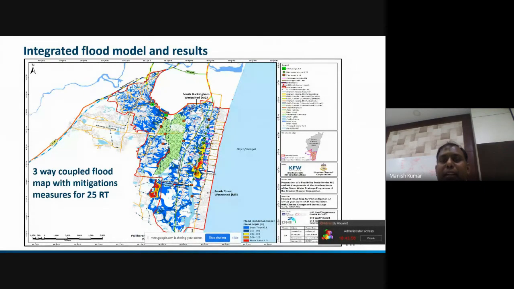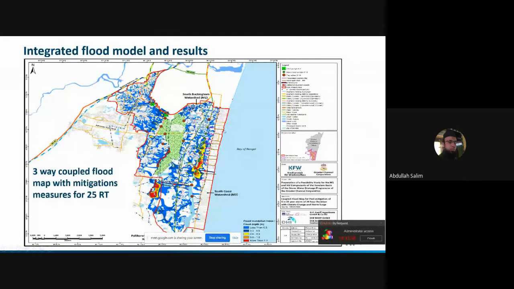On that mesh file we have incorporated a 1D model. So whenever there is flooding, the excess water which can breach that river goes into the mesh region and generates flood.